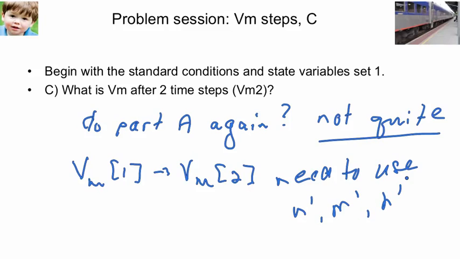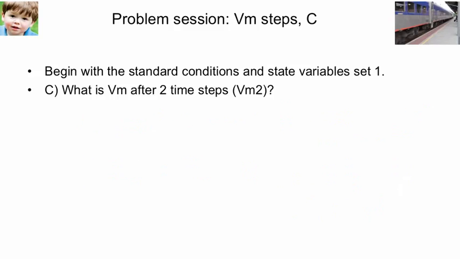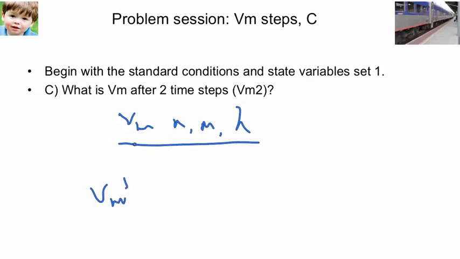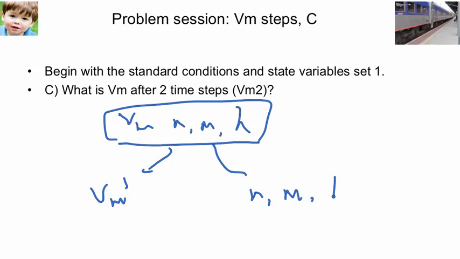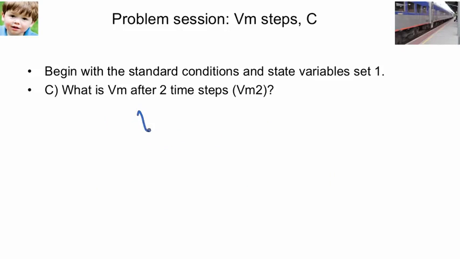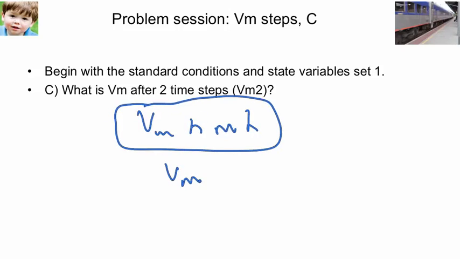You will find, I believe, that if you start off with Vm, N, M, H, and use this set of values to get Vm1, and start with these same values to get N1, M1, H1, your life will work out a lot better than if you do the following algorithm: starting with Vm, N, M, H to get Vm1, and then use Vm1 to get N1, M1, H1.